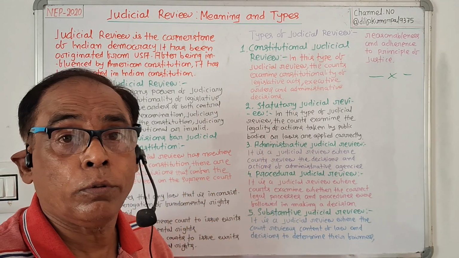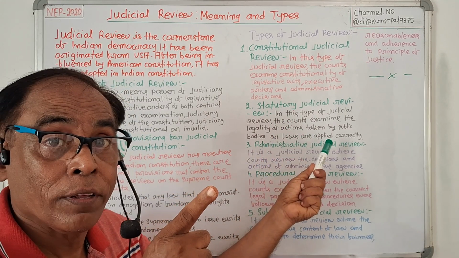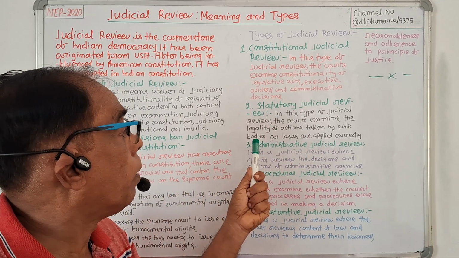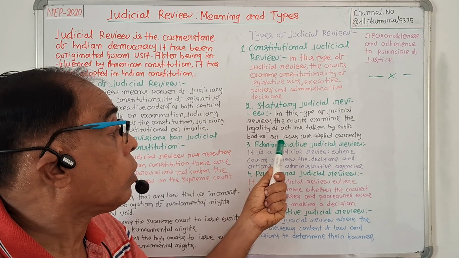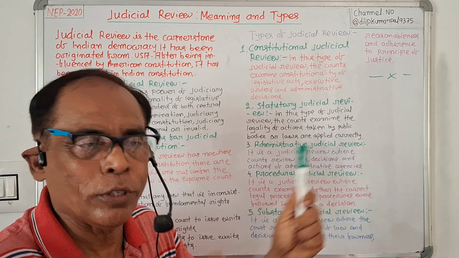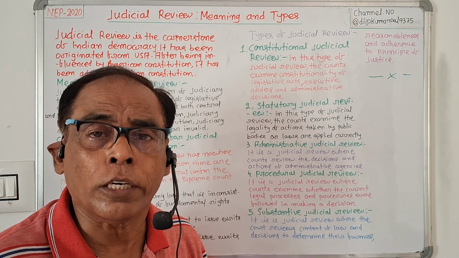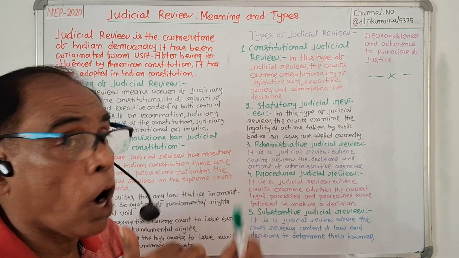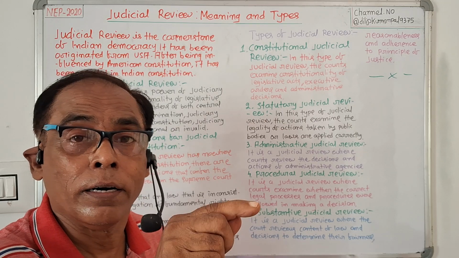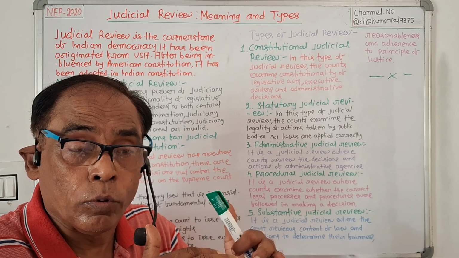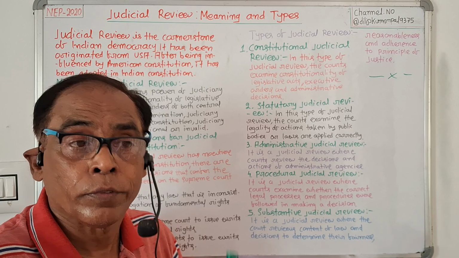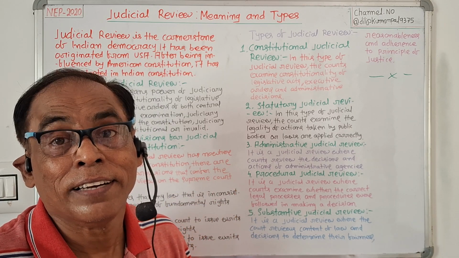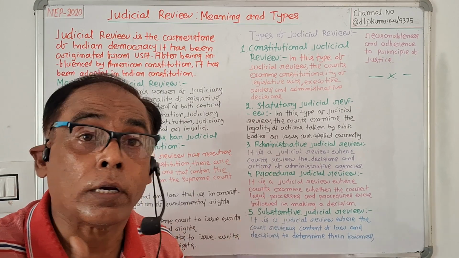In this type of judicial review, the court will examine the legality of actions taken by public bodies, or whether laws are applied correctly. It means how public bodies apply the law legally and how laws are applied correctly.